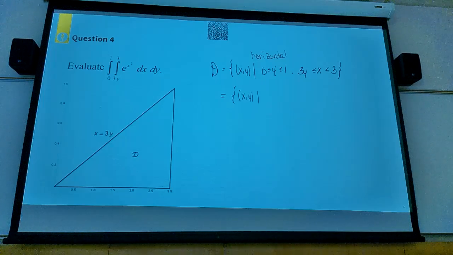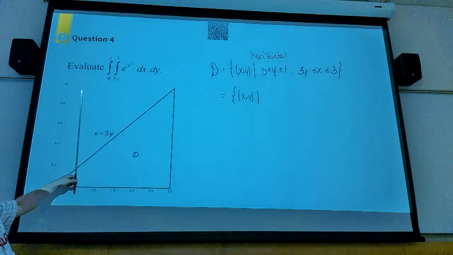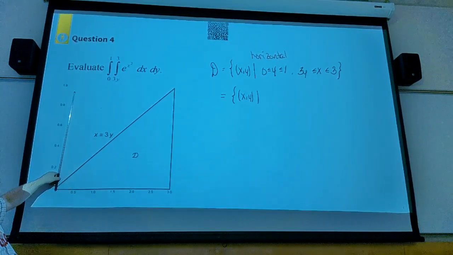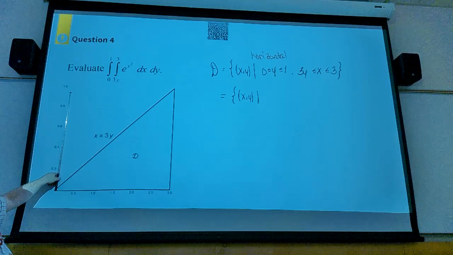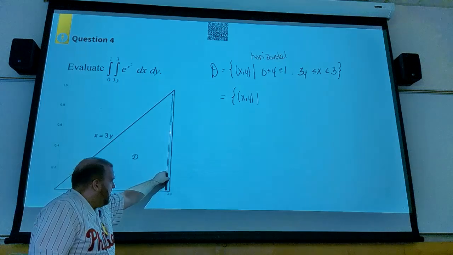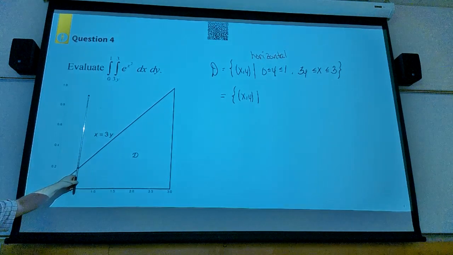We want to write it vertically simple. So you have a vertical bar. What does that vertical bar slide across? 0 to 3, right?